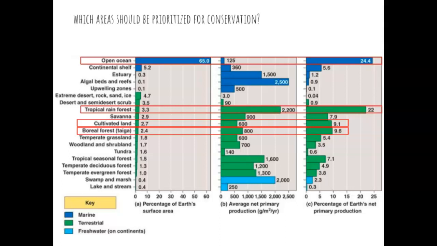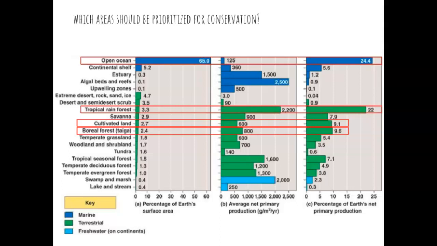So when we're talking about places that we should clear for people to live or to get wood to build houses and other structures, is it better to take that wood from a rainforest, which has lots and lots of trees and other plants, but accounts for a small amount of the trees on the planet? However, it's creating the majority of our Earth's primary production. So it's where we're making the most of the energy from the sun.